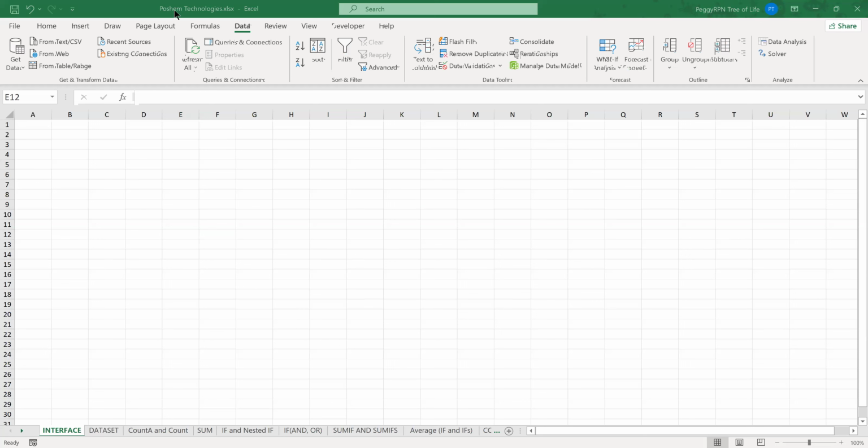Up here is where you type the name of your file. Now this is called a worksheet. The worksheet is more like a page of a book. You can see here we have different worksheets which I renamed. You can rename it by just double clicking.